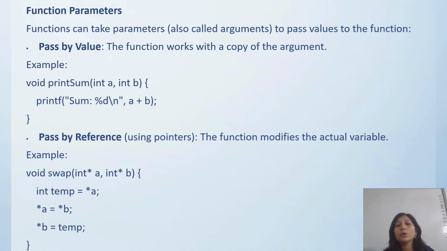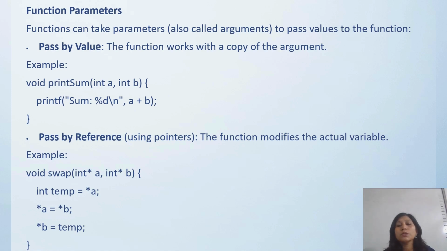So for example, in this print sum, void is the return type as given previously, and a and b are treated as copies of the arguments, where sum a plus b is simply printed. So we are simply passing the value from one function to another function. The next one is pass by reference. Pass by reference is performed using pointers.